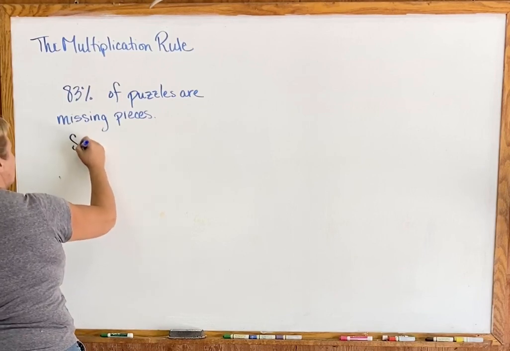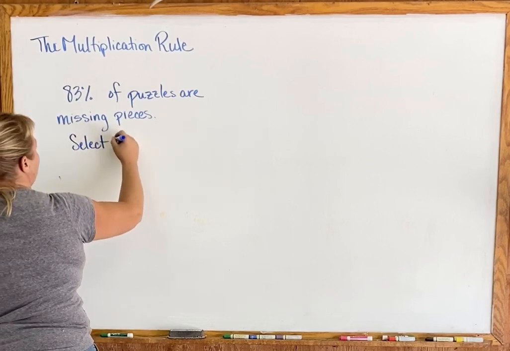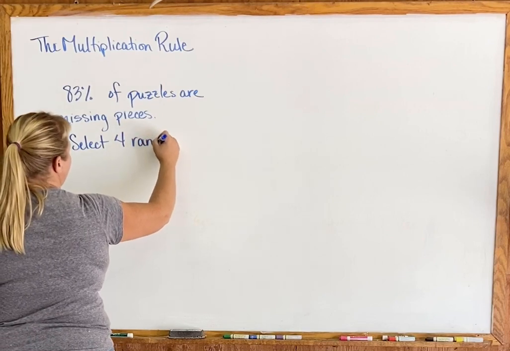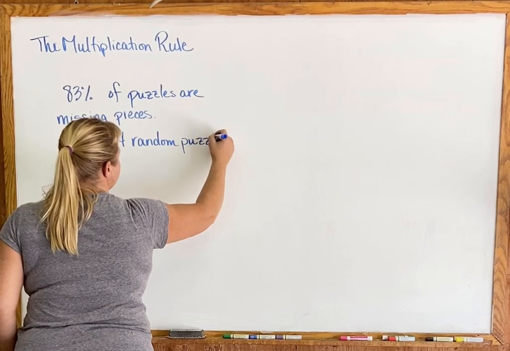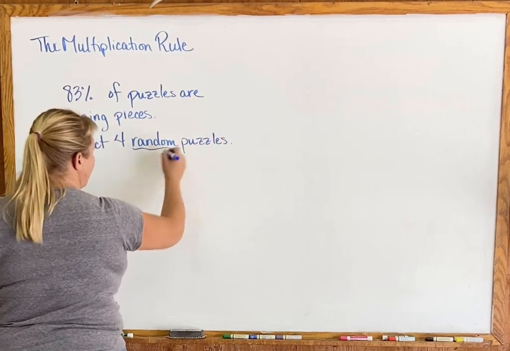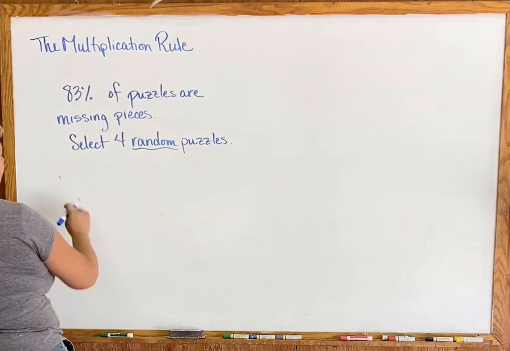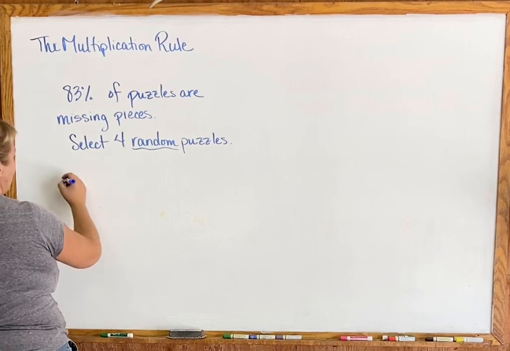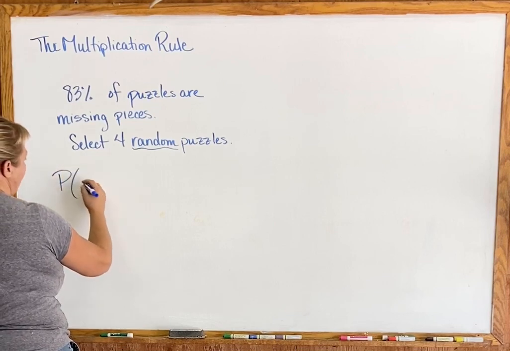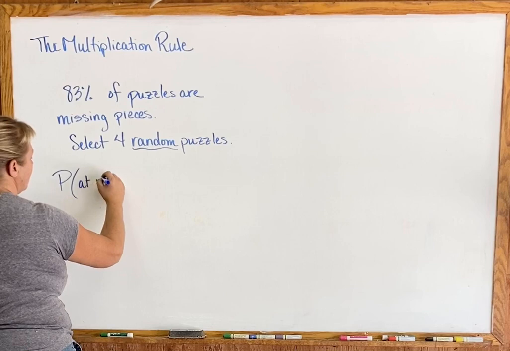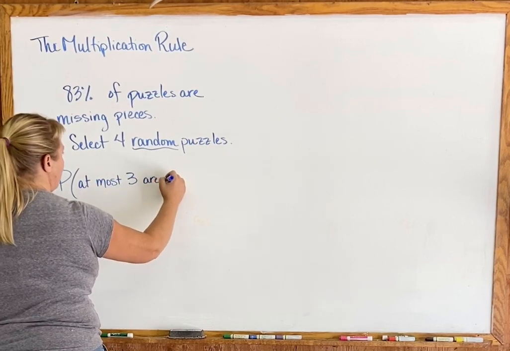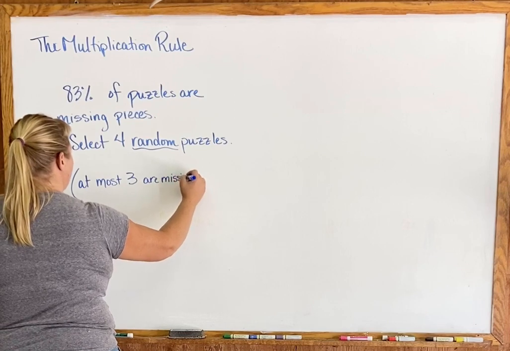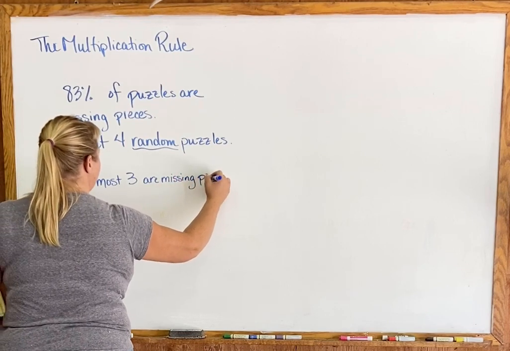So we are going to select 4 random puzzles. Okay, again, random to give us our independence. And this time I want to find the probability that at most 3 are missing pieces.